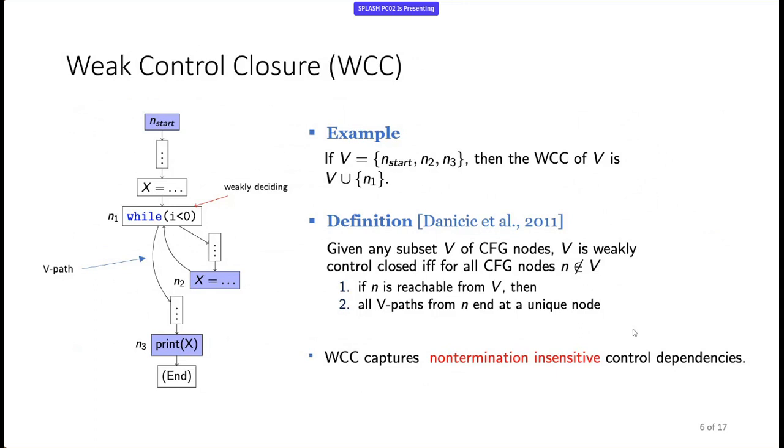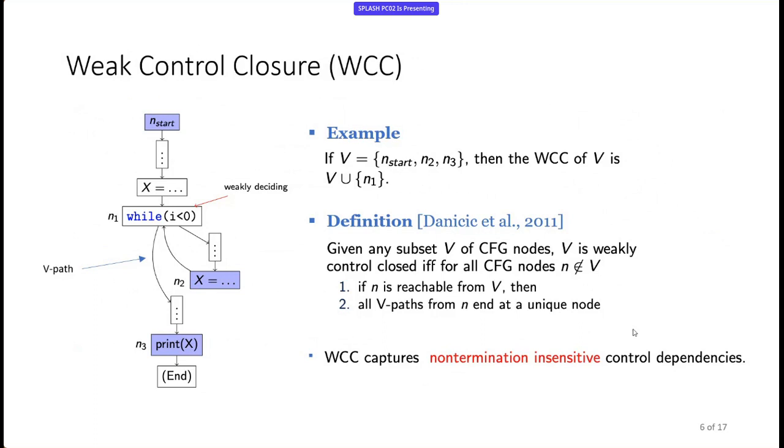That means N1 controls the execution of either N2 or N3. So there is a control dependency here that we should include. Since there is a control dependency from node N1 to the nodes in V, and N1 is not included in V, V is not weakly control closed, and the weak control closure of V must include such a node.